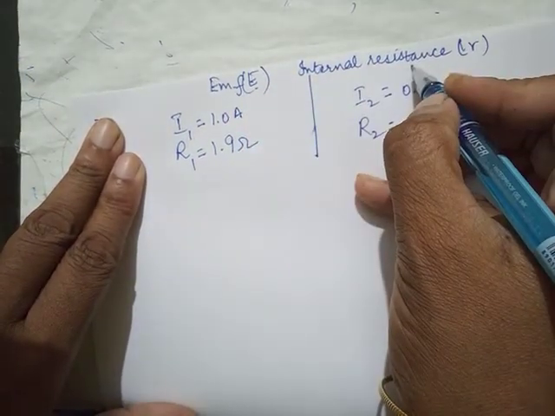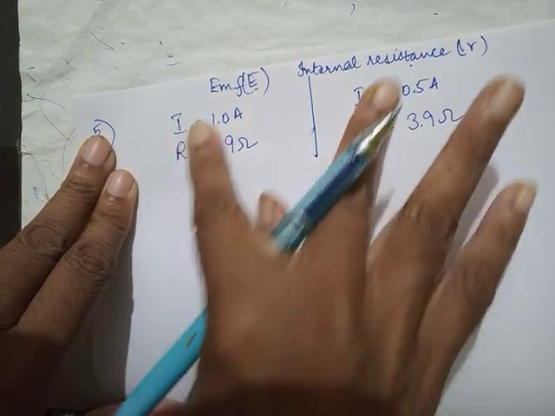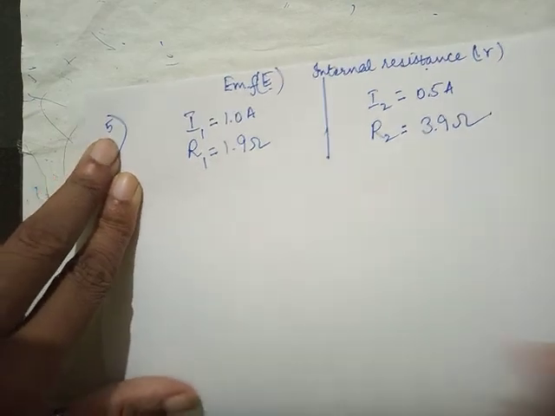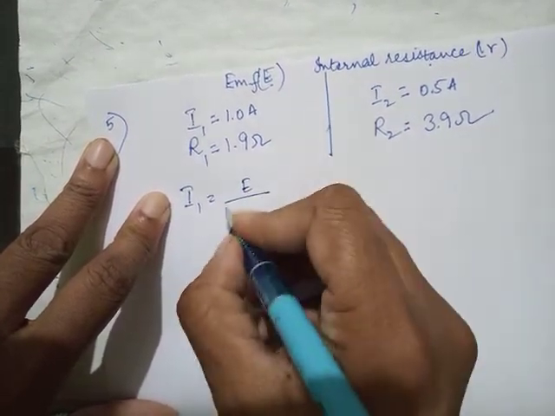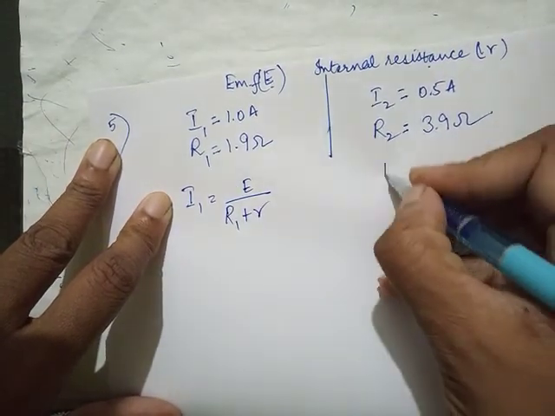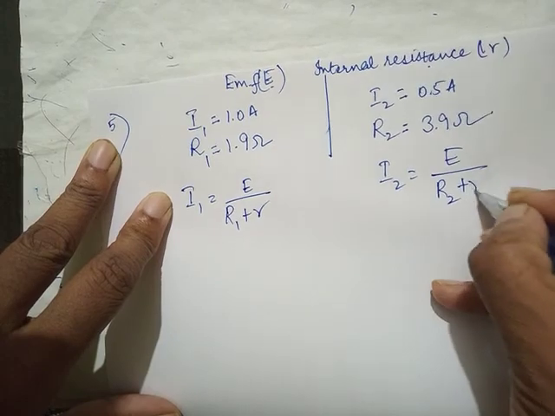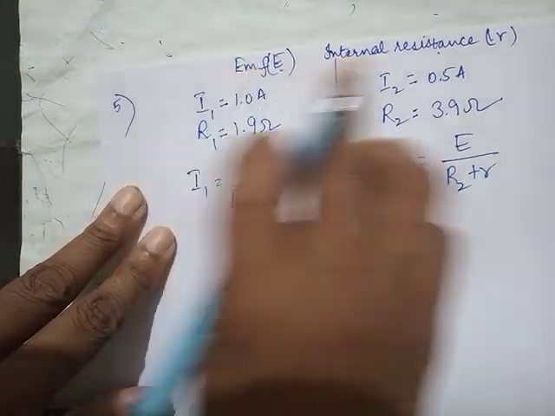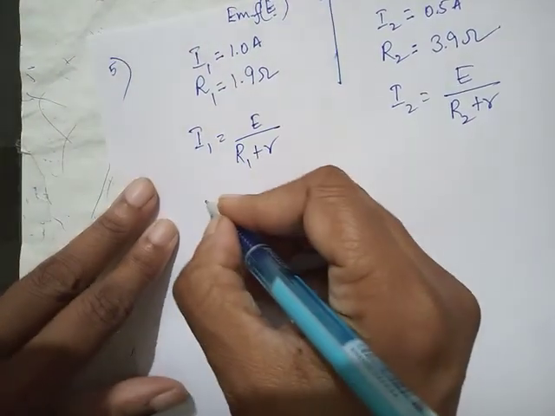Now, because two are unknown and two sets of values are given, always remember when you get a question like this, you will have to form equations and solve it. So I1 is equal to E by R1 plus R. I2 is equal to E by R2 plus R. Don't write E1 R1, E and R are the same, so E will be the same, small r will also be the same.